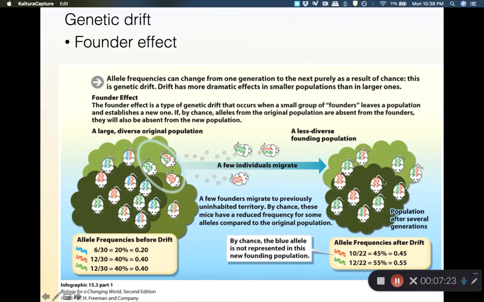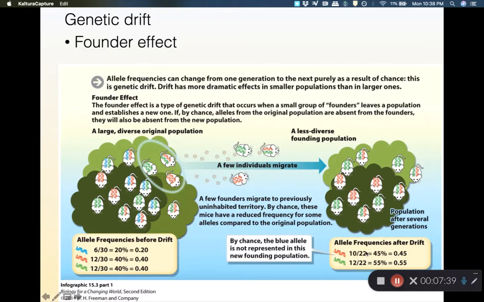So we start to see an increase of allele frequency in the green population, and we see that by chance is what's critical here, the blue allele is not represented in this new founding population.